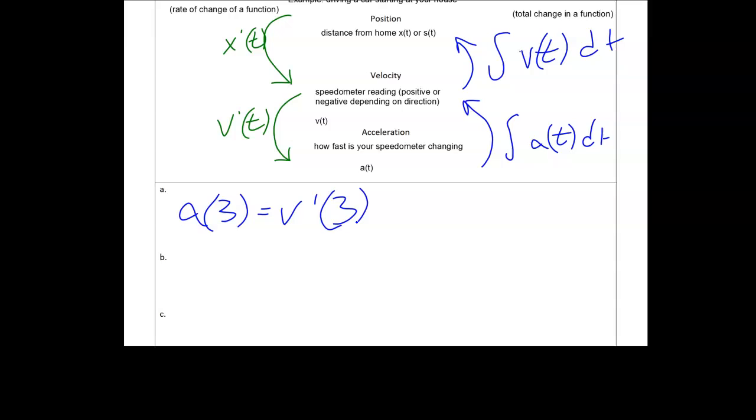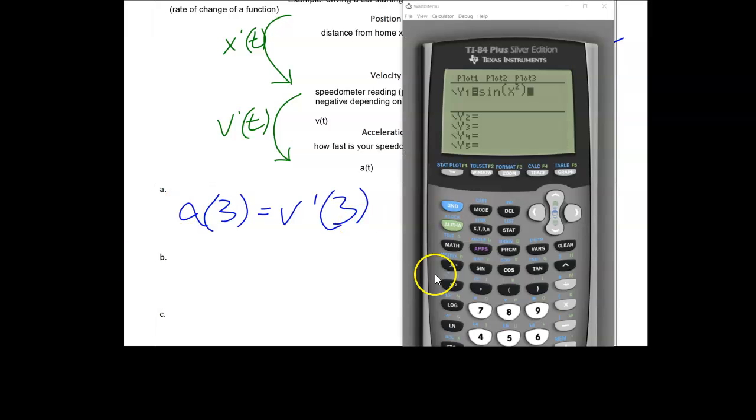And to do that, I can either take a derivative by hand, or I can just use my Math button. So here's a trick when we're working with the same function over and over. I'm going to type it into the grapher in my calculator. And then if I want the derivative, I can do Math 8, d/dx, and the 3 is my value.